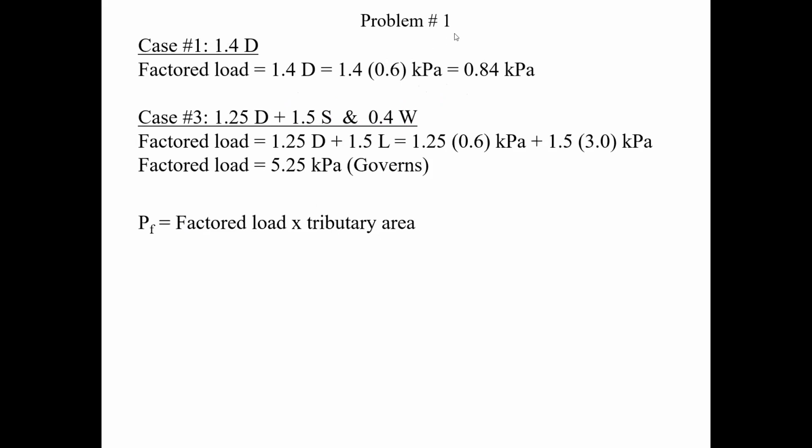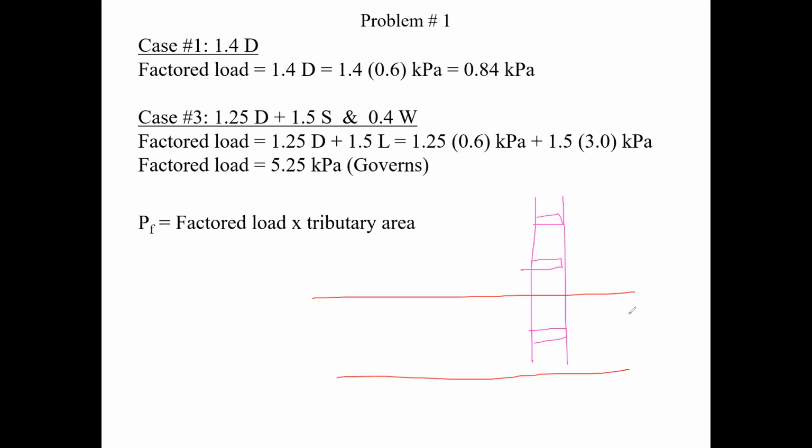So all you're looking at is that, okay, here's your wall. Your studs are here. So basically, what's your tributary area? Well, you know that the spacing of the studs is going to give you the tributary width in one direction. And then from the center here of the building, so this is your tributary area.